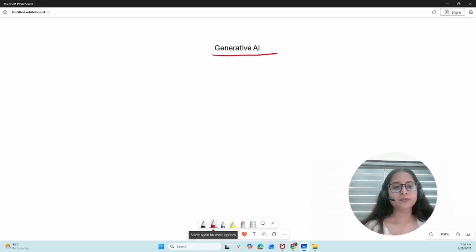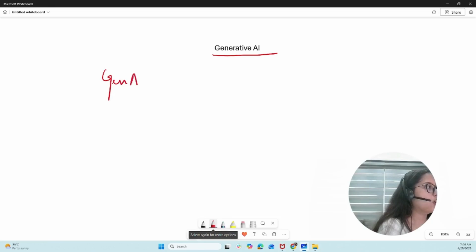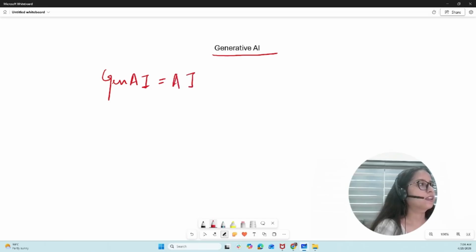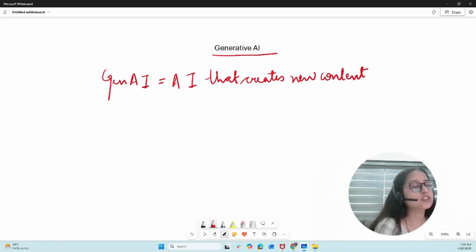Alright, so what is generative AI? First, let's understand that. Gen AI or generative AI equals to create new content. AI that creates new content. Okay, so this is what Gen AI means. It does not just analyze or predict, it creates new content every time.